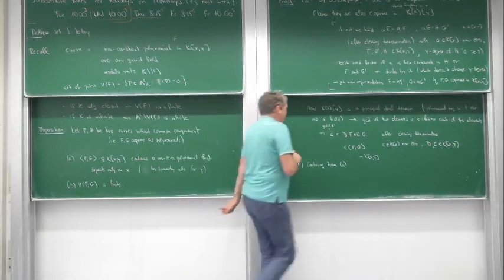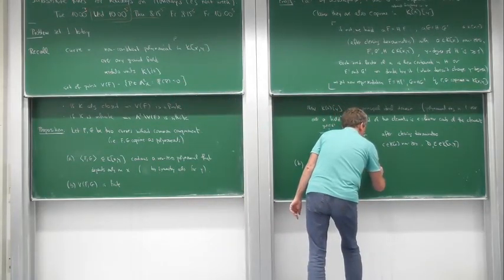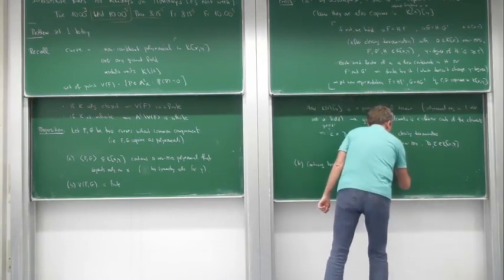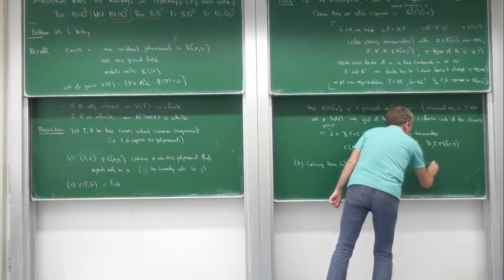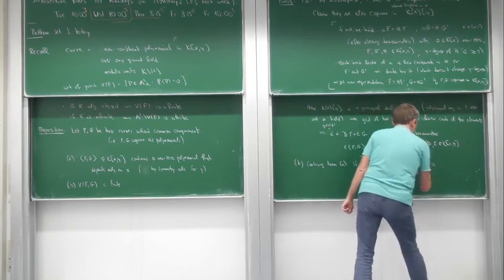We say now if p is in the zero locus of f and g, then f of p and g of p is 0, which means that c of p is also 0.